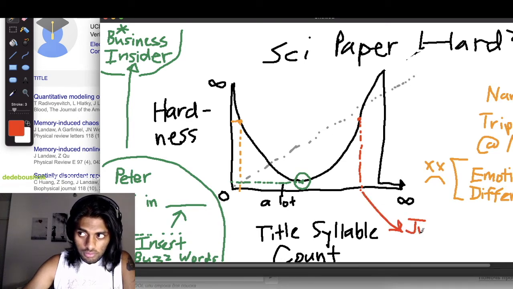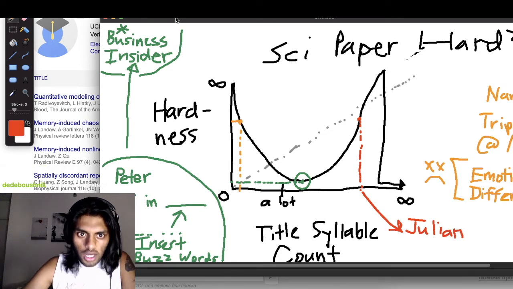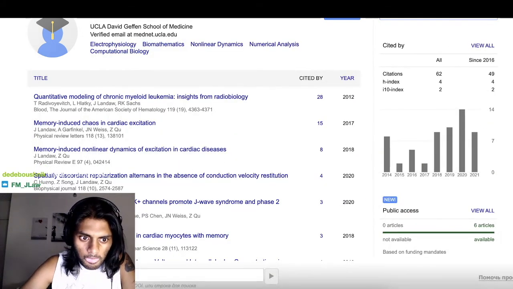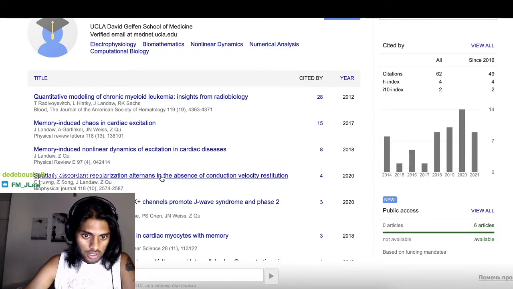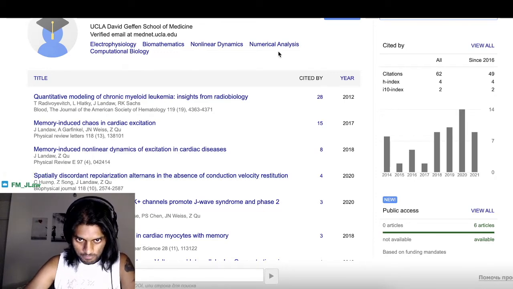Julian, who's got spatially discordant repolarization alternans in the absence of conduction velocity restitution.